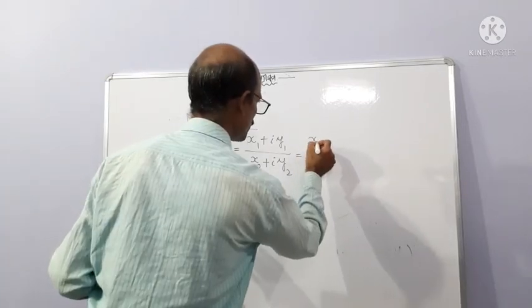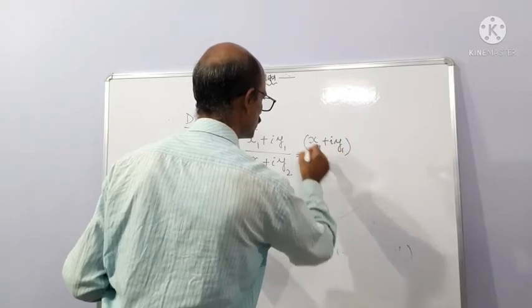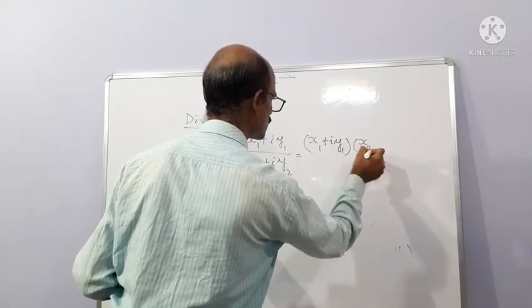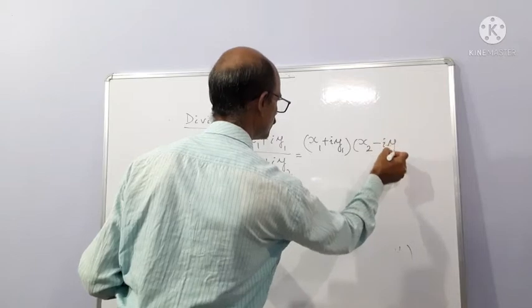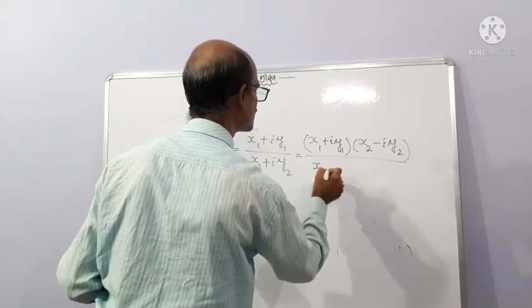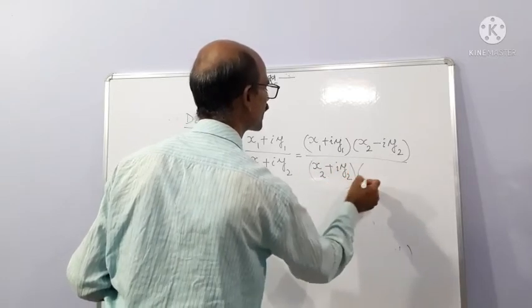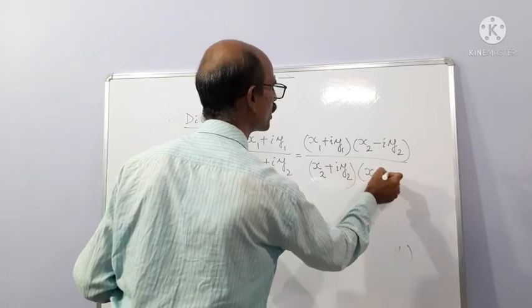So x1 plus i y1 into x2 minus i y2, divided by x2 plus i y2 into x2 minus i y2.